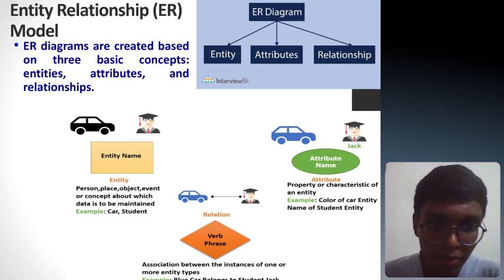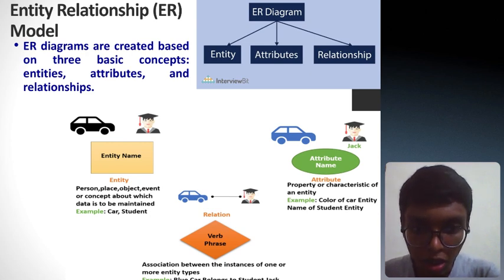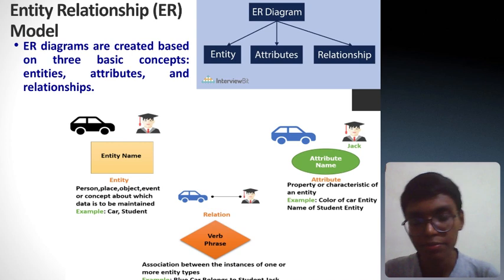Attributes can be a property or characteristic of an entity. Example, color of car entity, name of student entity. A relationship is an association between the instances of one or more entity types. For example, blue car belongs to student Jack.